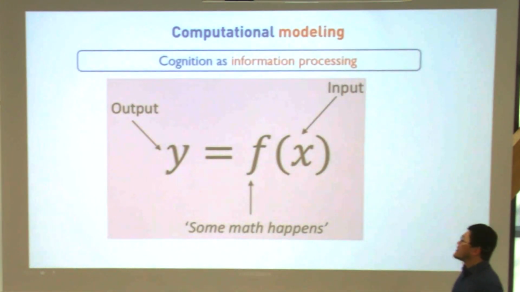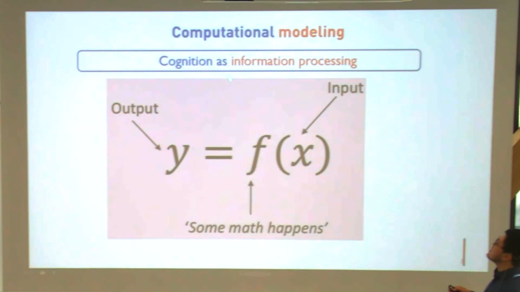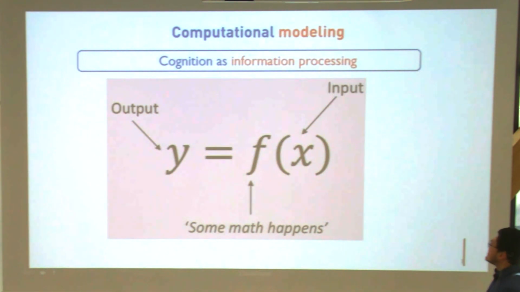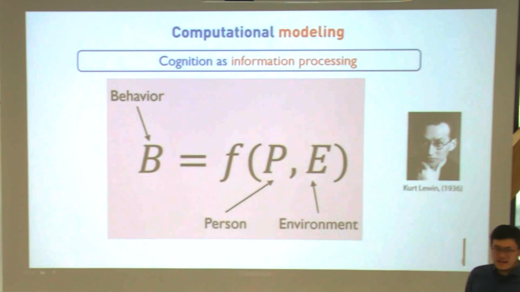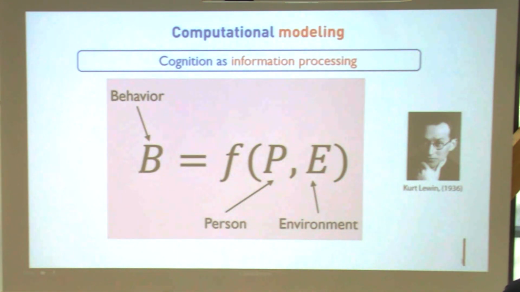Computational modeling in terms of cognition essentially defines cognition as information processing. There's some input, there's some output. This is very vague, just a regular function, and doesn't really say anything. In terms of behavior, as early as the 1930s, the psychologist Kurt Lewin, also very vague honestly, but instead of just an arbitrary input-output, used a formulation to explain behavior as a function of the person and the environment.